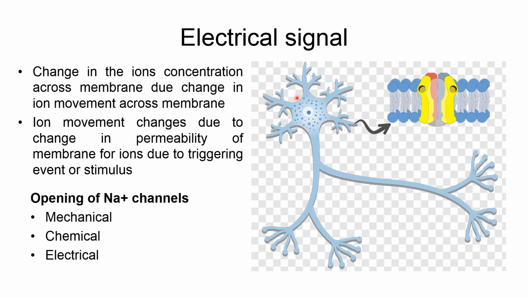For example, in a neuron, we know the neuron has distinct parts. Neurons have three basic parts: the dendrites, cell body, and axon. The axon then ends at the axon end plate or synapse.